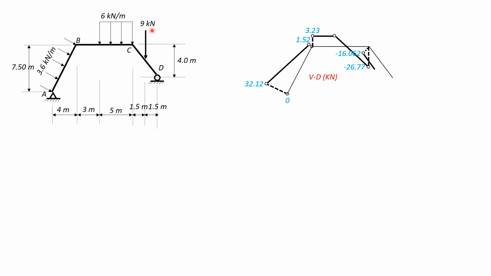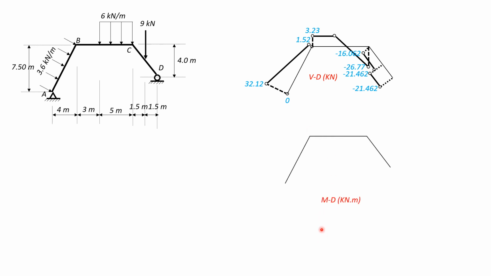Then minus 9 times cosine of theta 1, 9 times 3/5, 9 times 0.6, so minus 5.4, is negative 21.462. Then constant again, and that closes because the shear at D is 21.462. So that's the shear diagram.